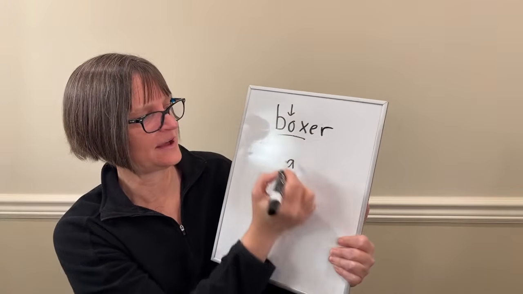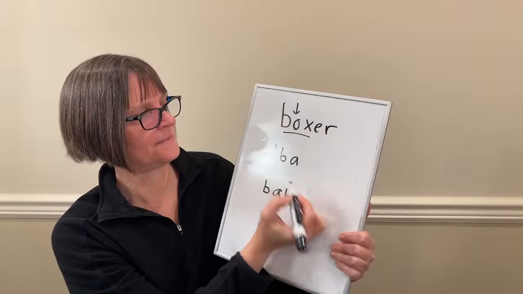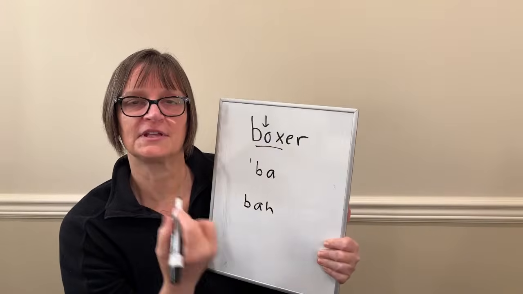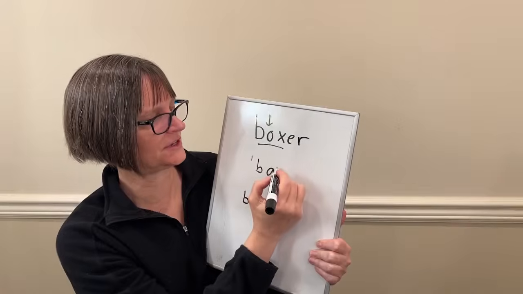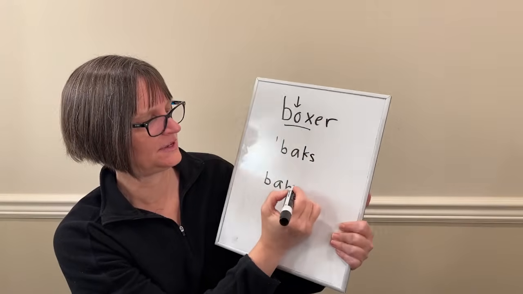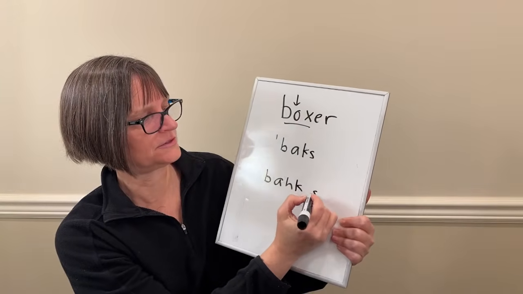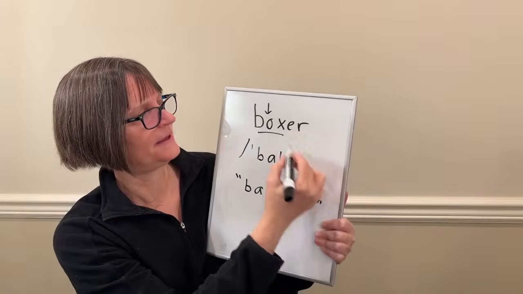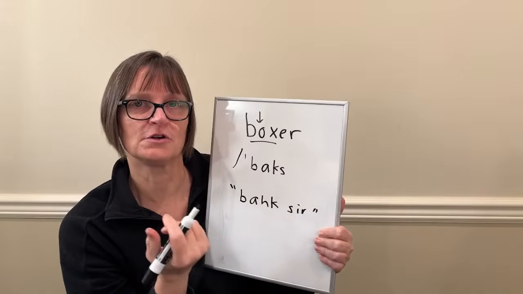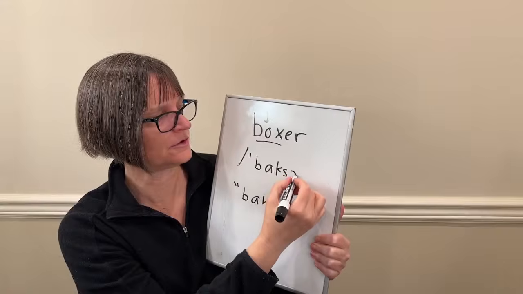So first sound is ba. Letter X can say lots of different things in words. In the word boxer, it has the k and the s sounds. So boxer. And then letters ER just say the vowel sound.